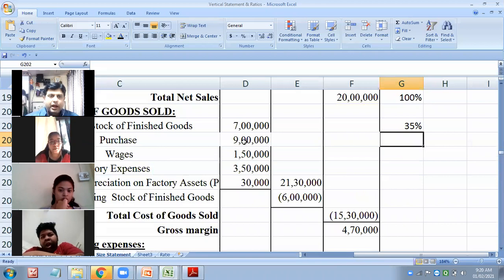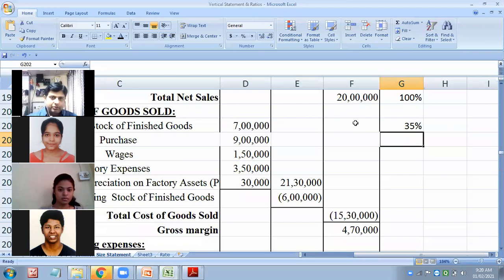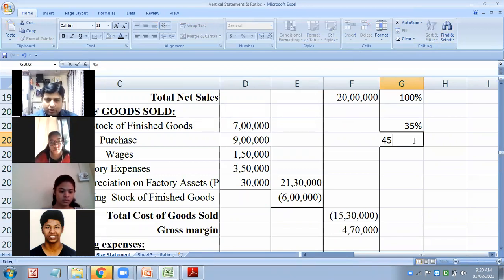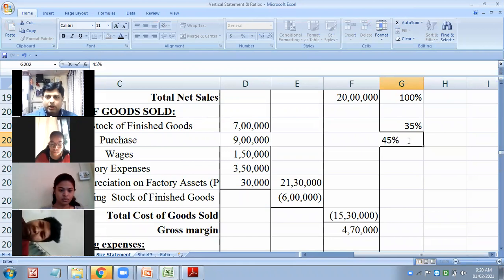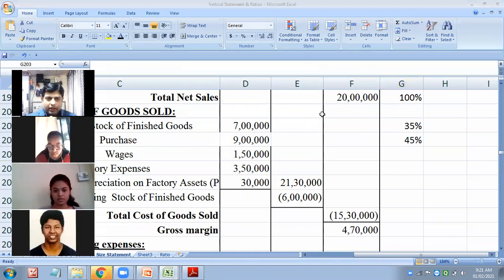Then 9 lakh divided by 20 lakhs into 100. Purchases will be how much percentage, how much size of sales, if sales is 100%? So 9 lakh, 45%. Absolutely right. Then what is next?